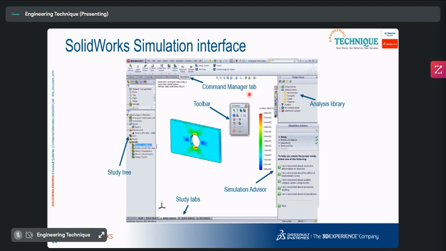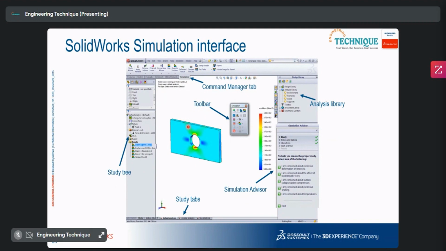This is the command tab by which you can give commands, the toolbar which can be derived from the command manager, and the study tab which shows which study you are currently working in. Then the simulation advisor, which will help you in the simulation process, and the analysis library, in which you can assign the various materials also. So this is the basic GUI of SolidWorks Simulation.